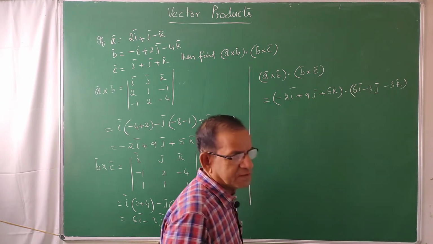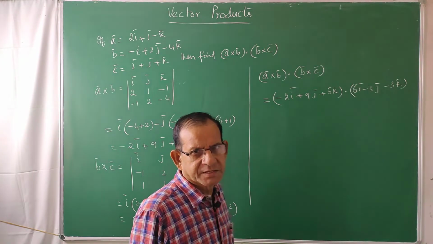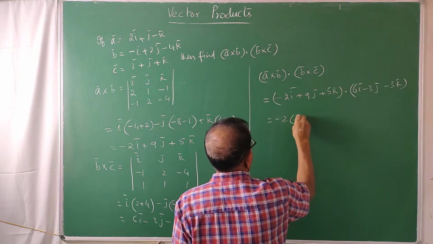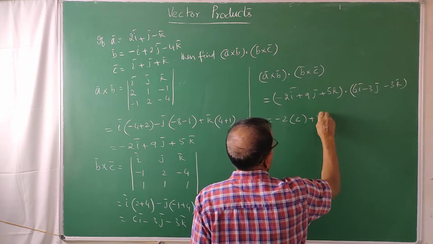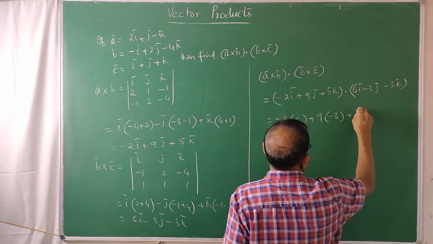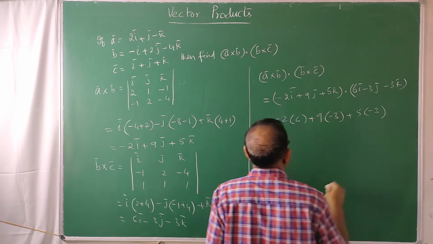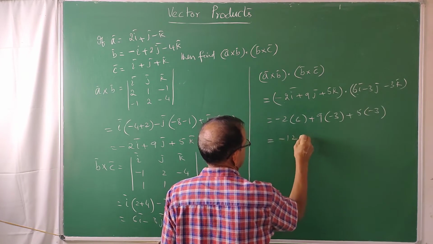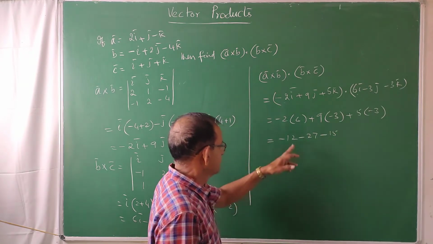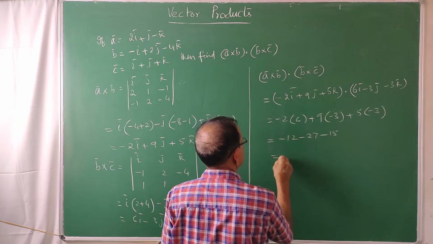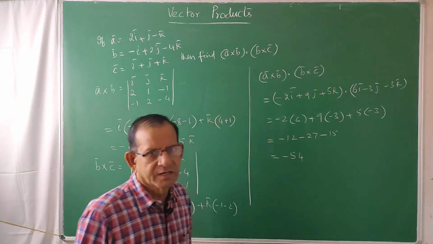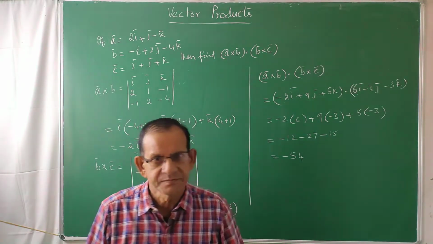Now dot product is A1 B1 plus A2 B2 plus A3 B3, that is minus 2 into 6 plus 9 into minus 3 plus 5 into minus 3, minus 12 minus 27 minus 15, minus 27 minus 27 minus 54. This is the dot product of A cross B and B cross C.